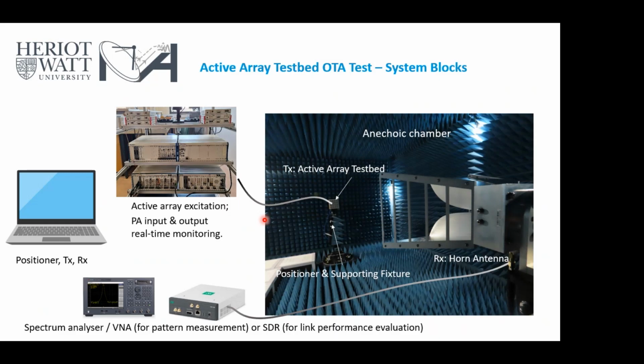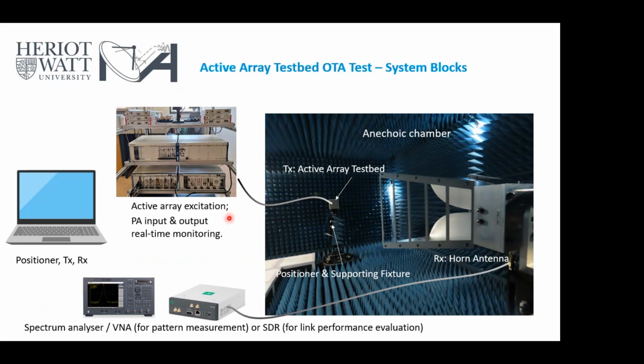For the RX at the receiving side, if you want to measure the pattern, get the E field, we can use a spectrum analyzer or VNA connected to the horn antenna. Or if you want to get the baseband, then we can use SDR to capture and read out the envelope.